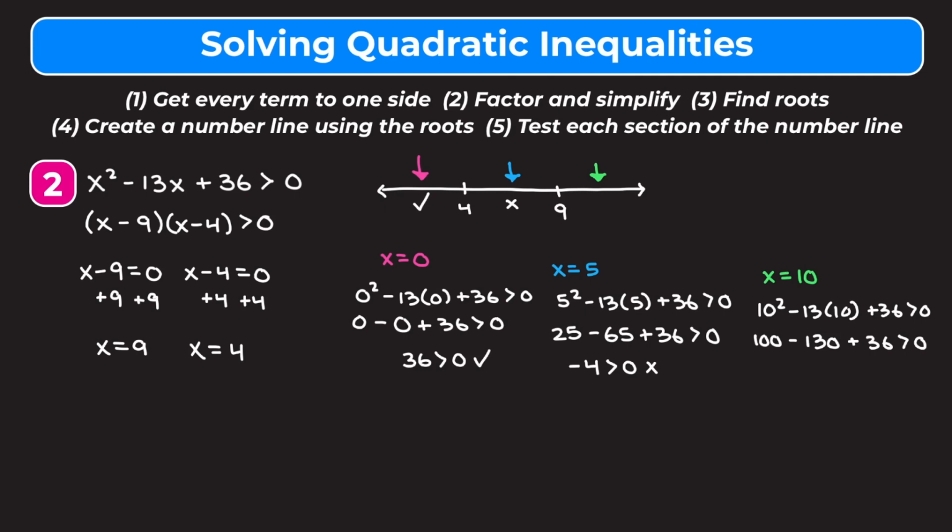And if we do 100 minus 130 plus 36 in our calculator, we should get 6 is greater than 0. And 6 is greater than 0, so that's true. So I'm going to put a check here.